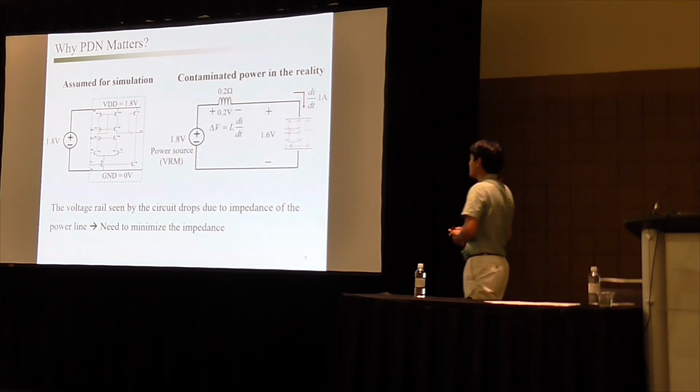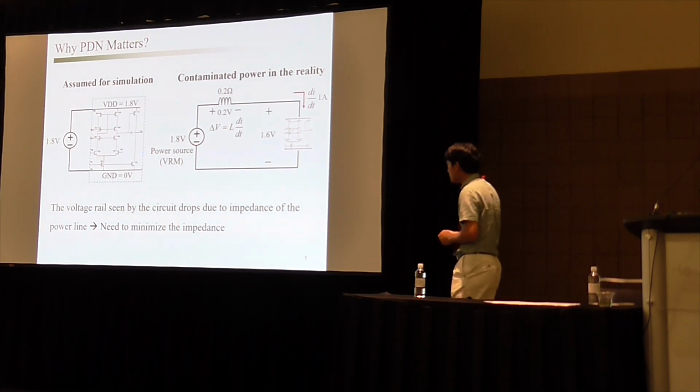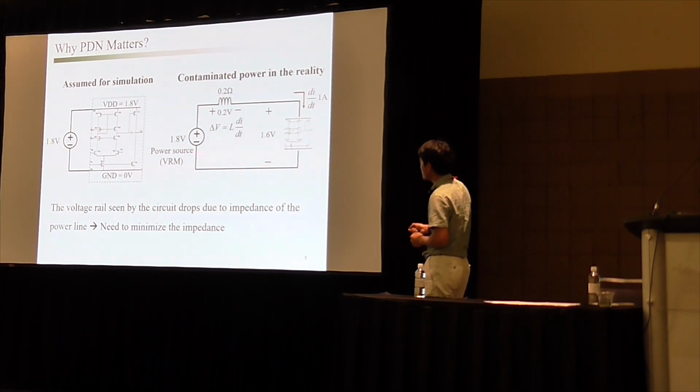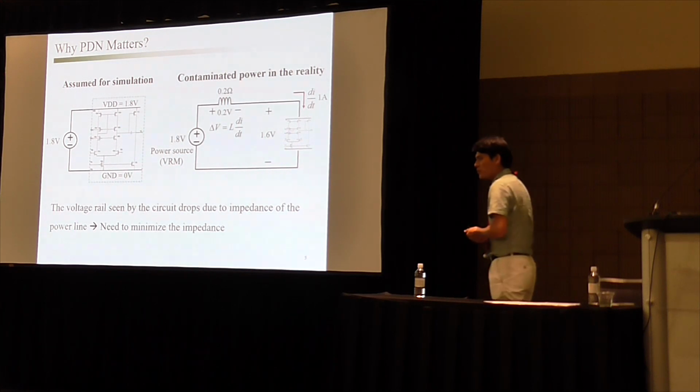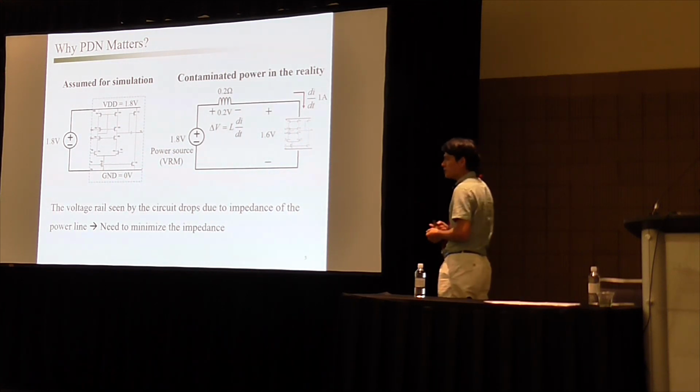So let me show that effect in a very simple circuit. So we have this power source. Let's assume an ideal power source. And then between the source and your circuit, there is some impedance. So let's say 0.2 ohm. So 0.2 ohm is pretty small value, right?